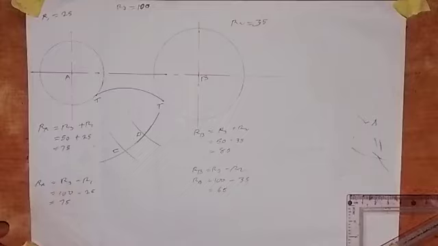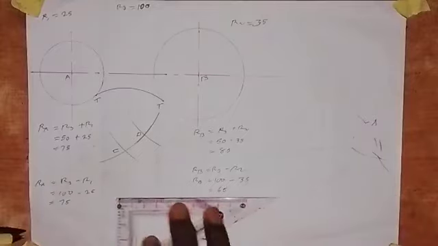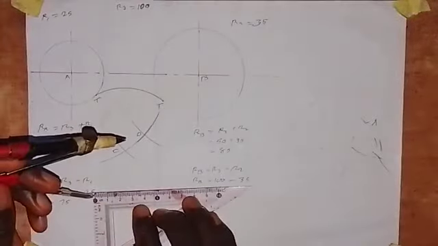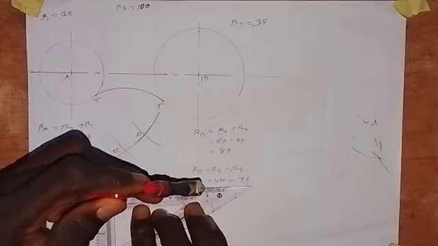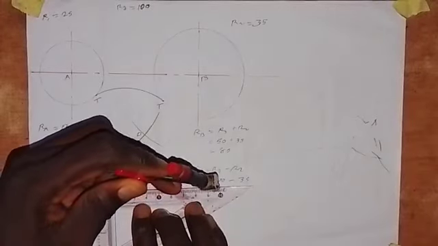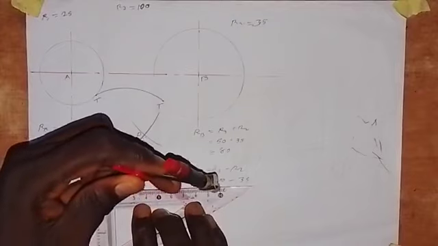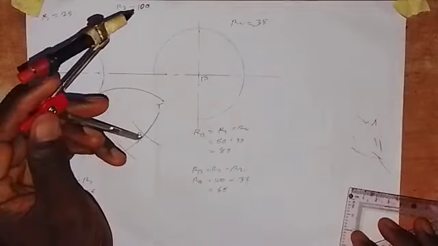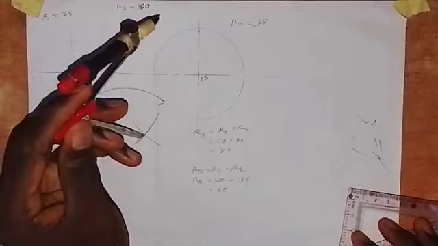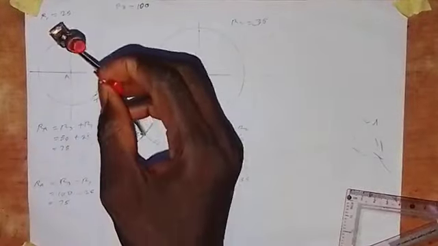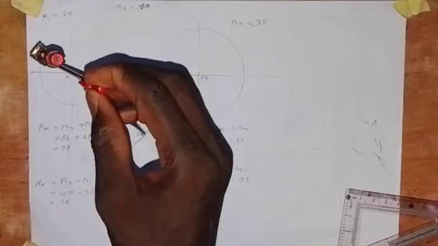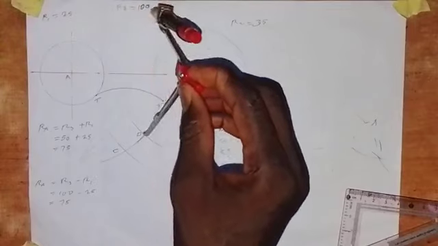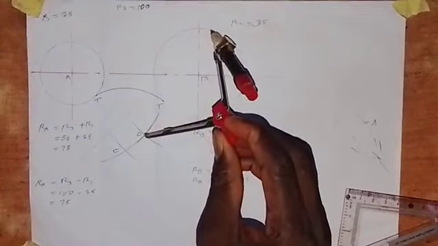Now the next thing that we are going to do is take the radius of the arc, which is R3, 100 millimeters. So take a measurement of 100 millimeters here. Then we put the pin of the compass at center D. If you put it here, the pen point will be touching this circle around here, and if you turn it around, it will also touch this circle.